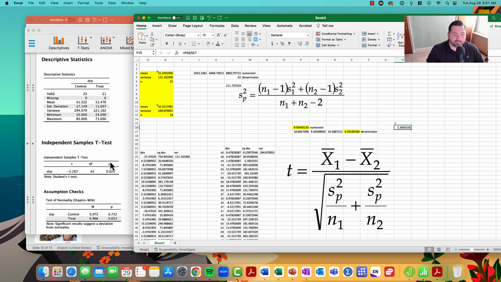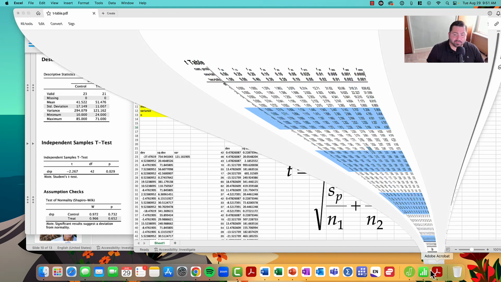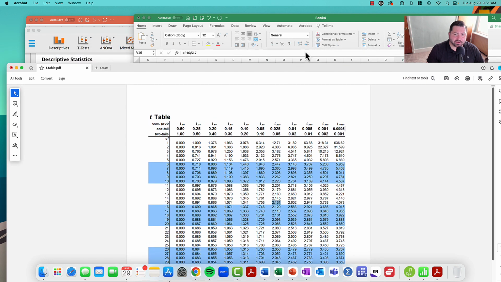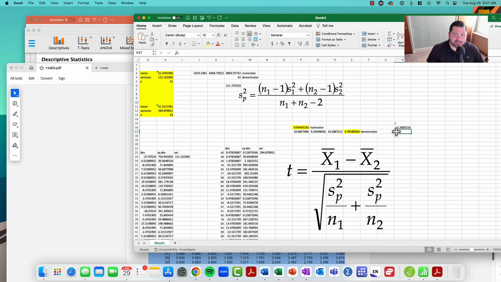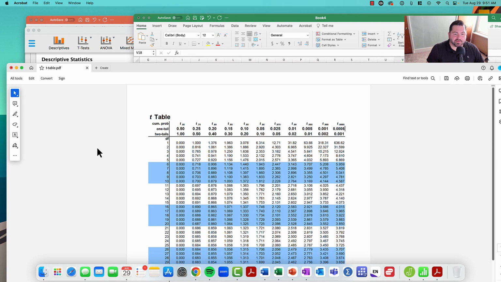When we look at the p-value, you can see the p of 0.029 is smaller than 0.05, which declares a statistically significant difference in the data collected. Now, for our t critical value, in determining if our t observed exceeds the t critical value, we have to use our t table.